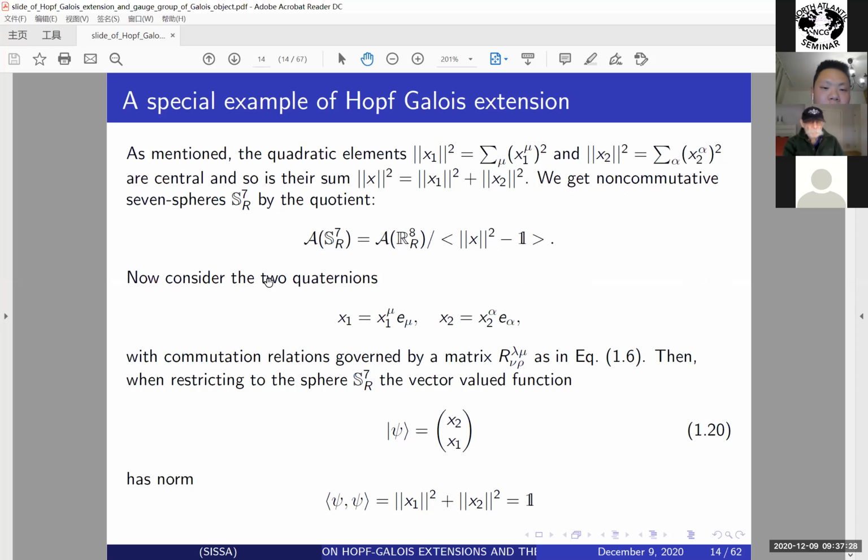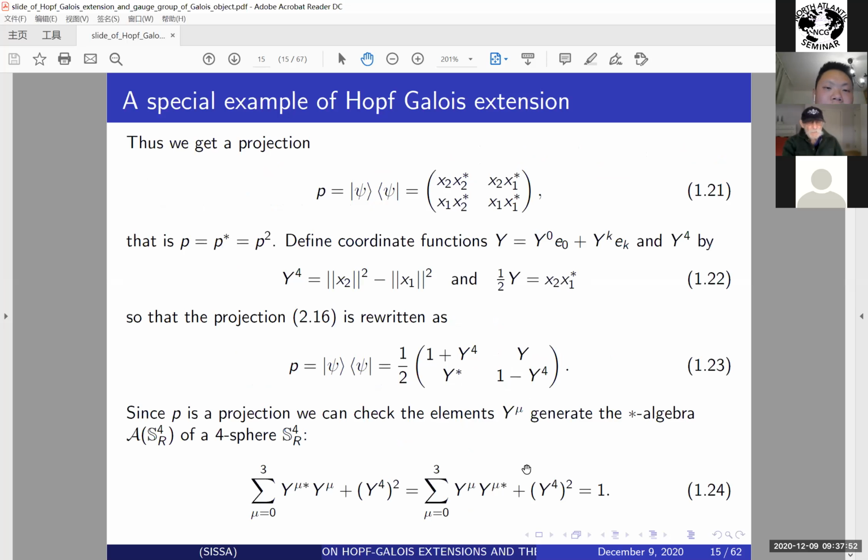And now we consider two quaternions, x1 and x2, with coefficients x1 mu and x2 lambda, with their commutation relation given before. Then we can define the vector valued function on S7R, that is phi equal to x2 and x1 with its norm equal to 1. Thus we can get a projection p, which we can also write in terms of x1 and x2.